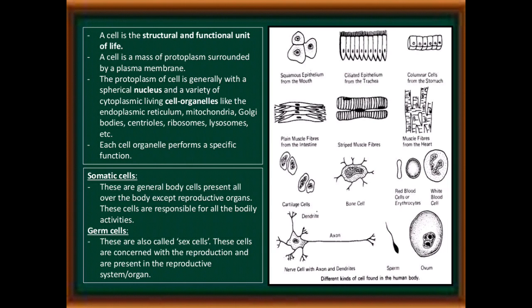Plain muscle fibers present in the intestine. Then red blood cells, bone cells, white blood cells, sperm, ovum, and the nerve cell, that is neuron. So in this picture it is very clear that to perform different functions, different types of cells are present in our body.